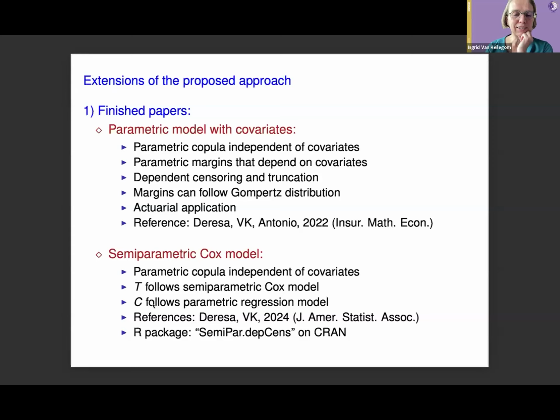So this was, I think, a nice extension because it allows you to work with the very common semi-parametric Cox model while still taking dependent censoring into account. So this was also published in the meantime quite recently, and then we also have a package for this paper.